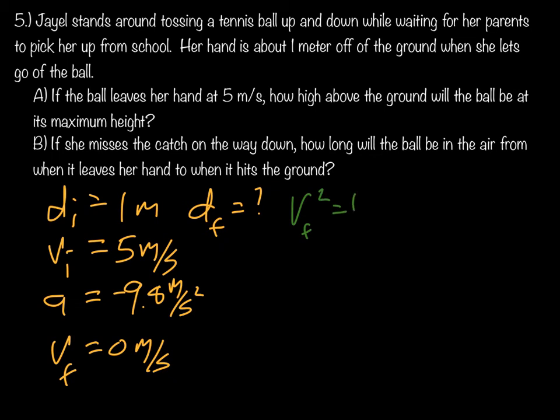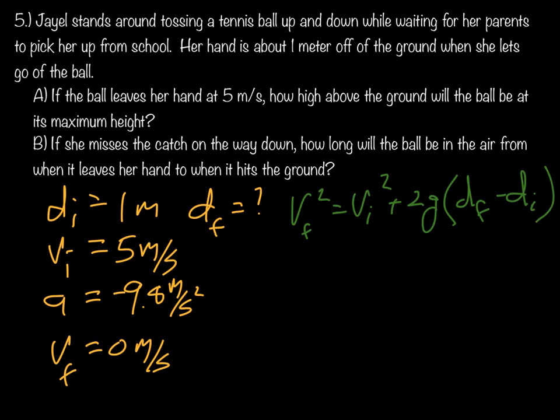squared equals VI squared plus 2 times G times delta D. And remember that delta D is your final displacement minus your initial displacement. So I'm going to go ahead and replace delta D with that in the equation, and so I have dF minus dI.